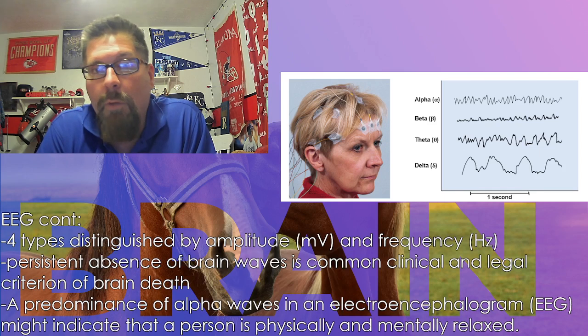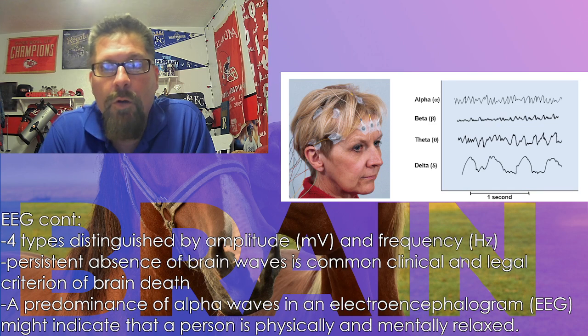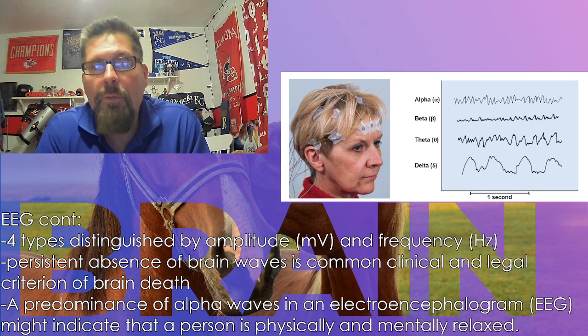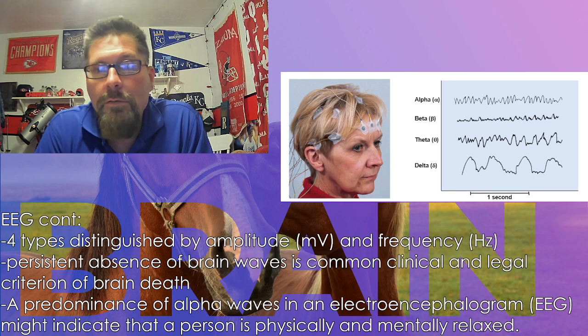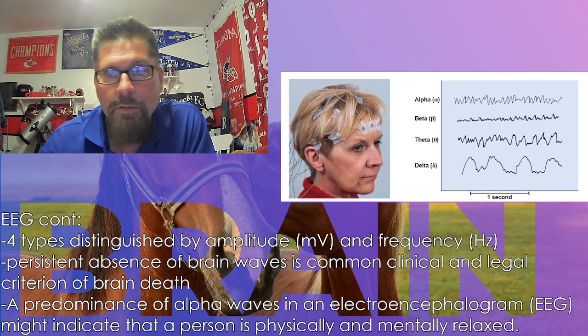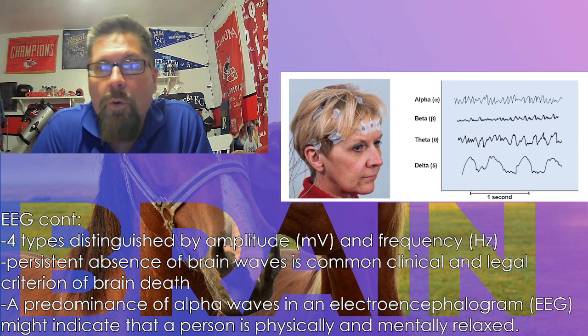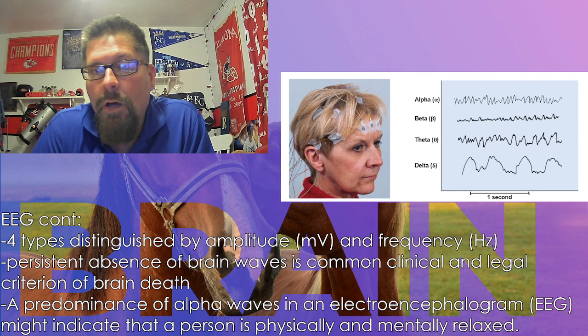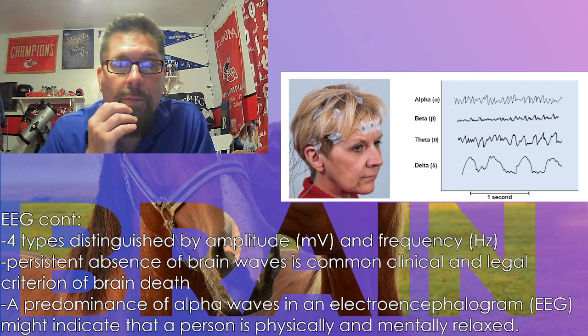But again, monitoring brain waves can tell you, if there's something going wrong, where it might be. A lot of it has been known or established over the years. And of course, the flat line, that's brain death.